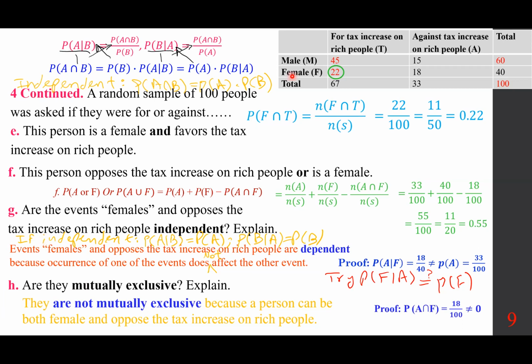Here's the F group, here's the A group, and common between the two is 18. 18 over 100, is it 0? No, therefore they are not mutually exclusive. So we prove that with numbers, with formulas, and that is extremely important. Let me fix this one.